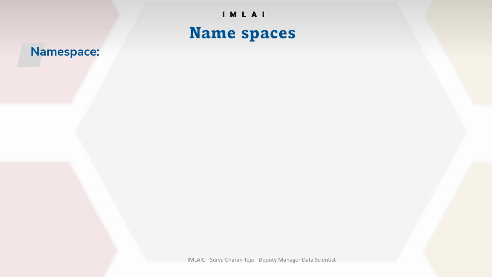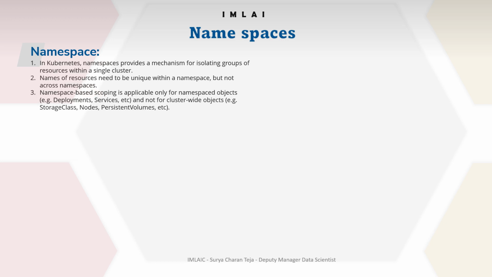Each environment you can make a namespace, and then each namespace can have resources with different names. Like this you can isolate your environments. You can also create different namespaces for different projects and for different teams.